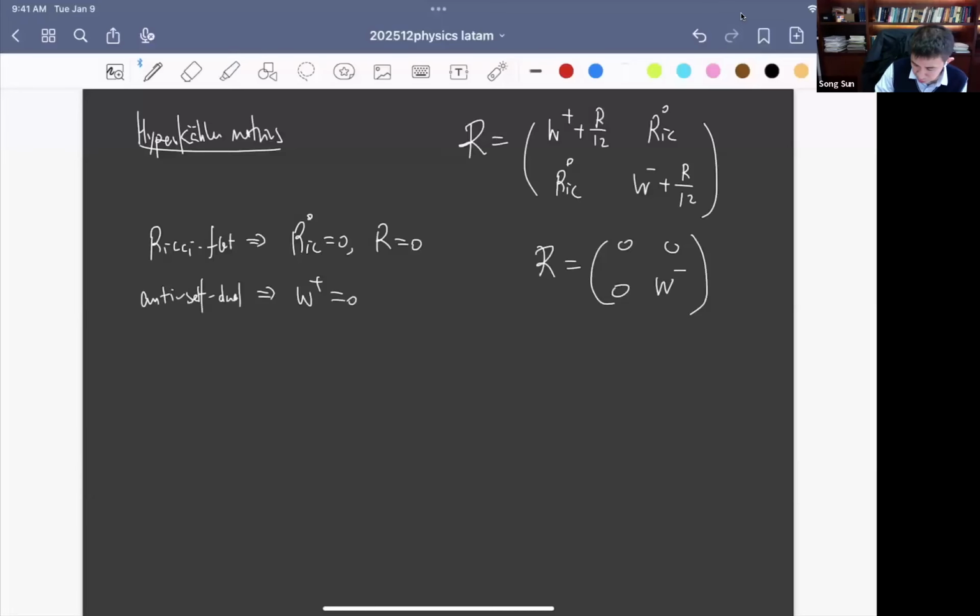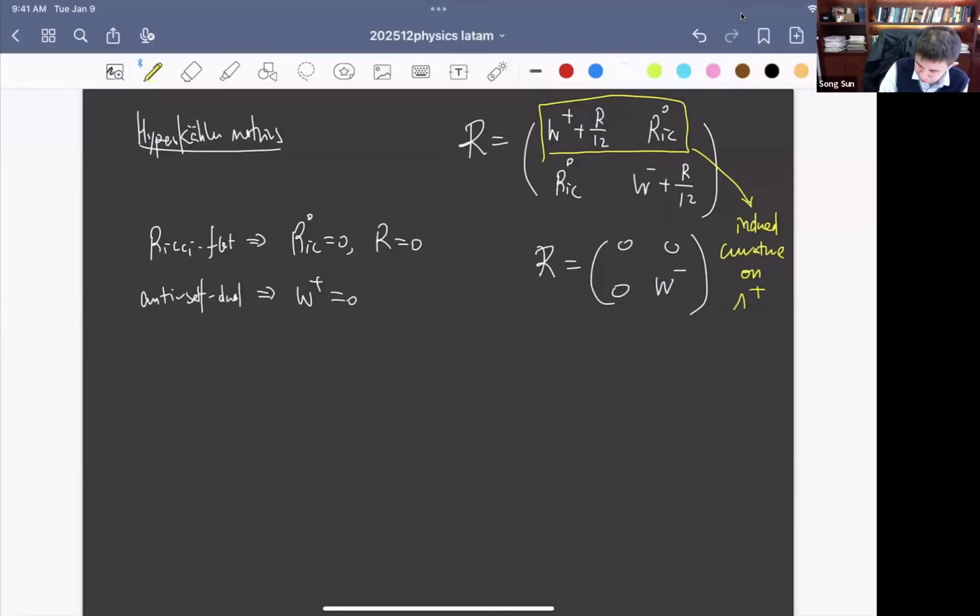This is because essentially we decompose the curvature of the remaining metric into these 4 pieces, but this first part is essentially the same as the curvature of the induced connection on lambda plus.